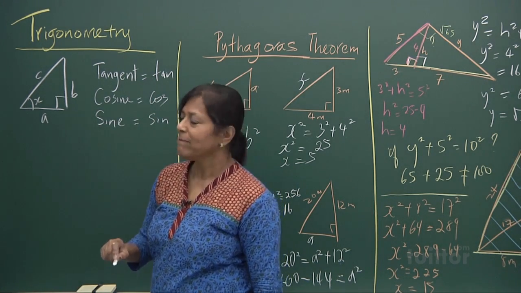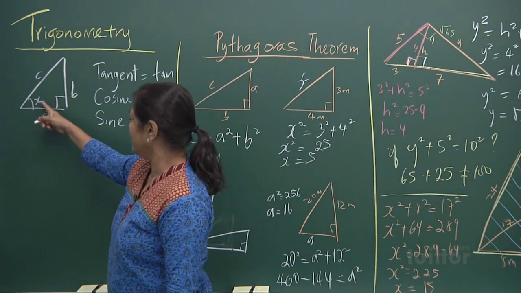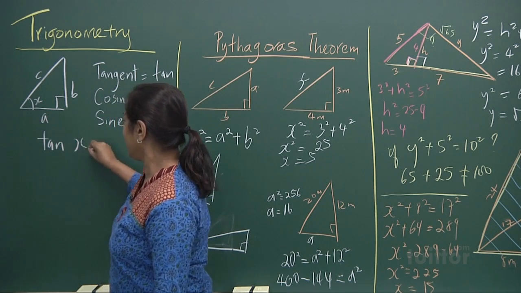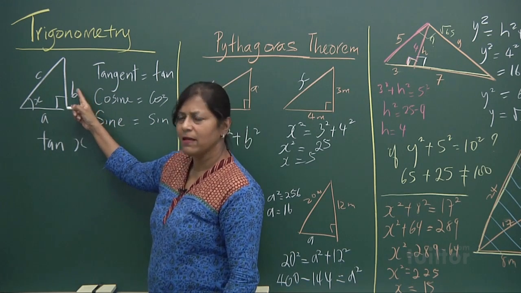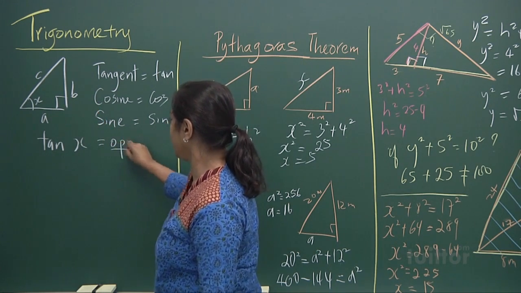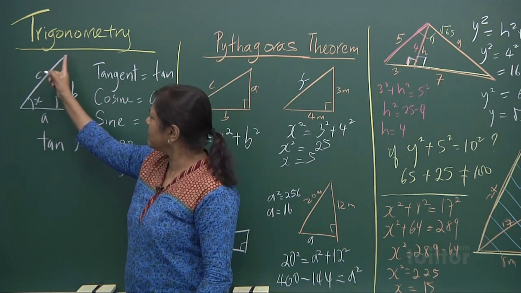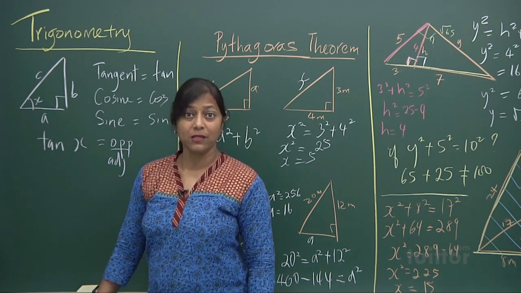Now, if we look at tangent x, tangent is the opposite over the adjacent side. C is always going to be the hypotenuse.